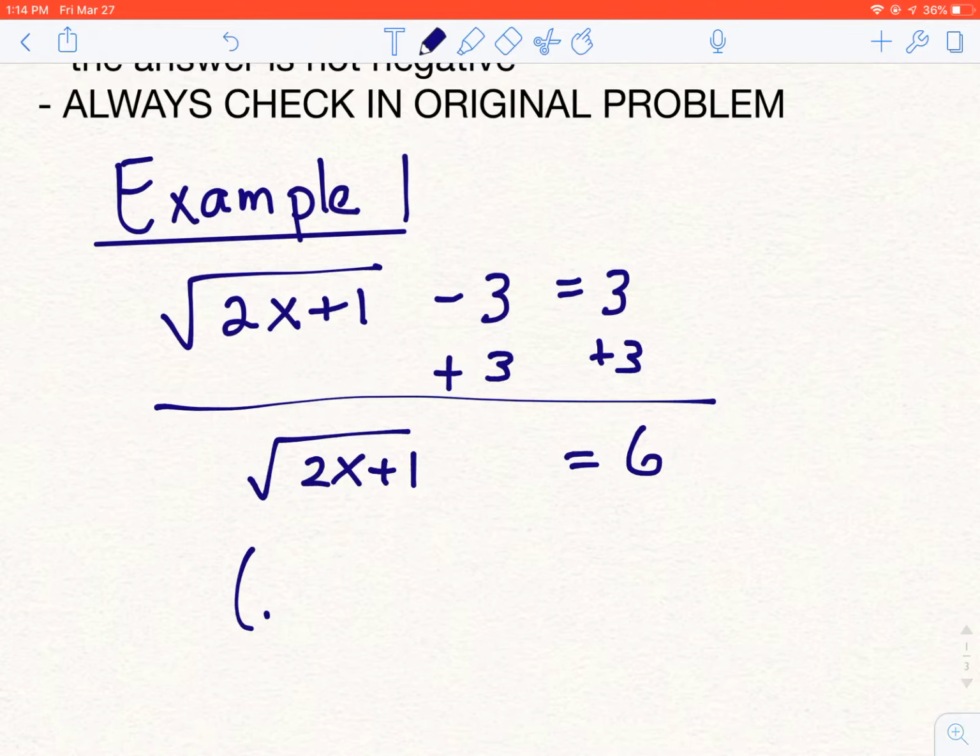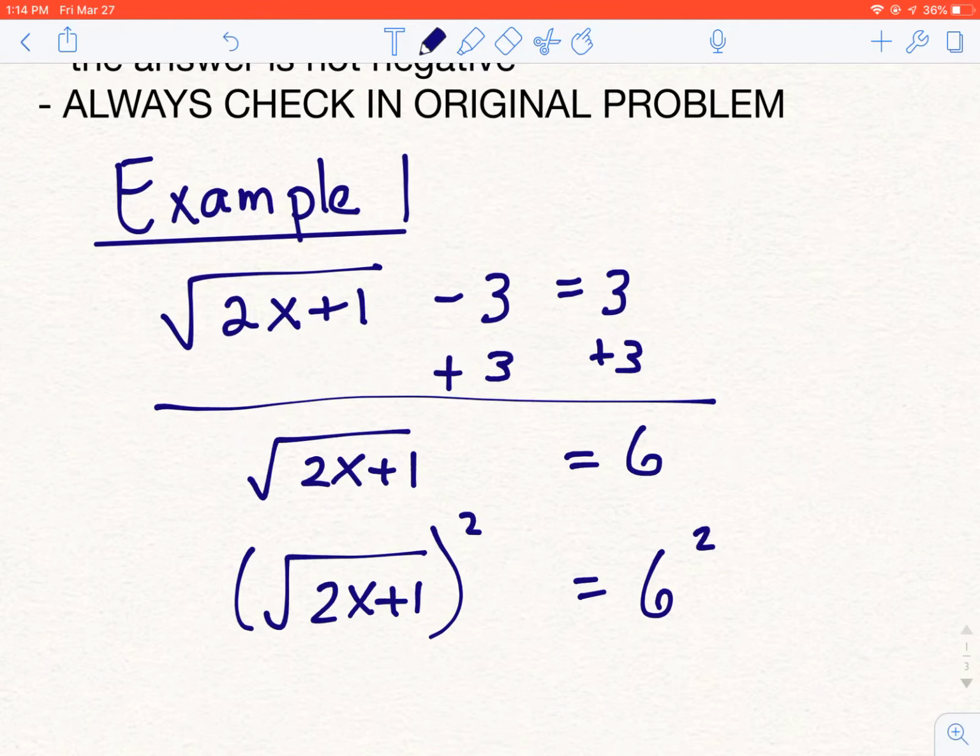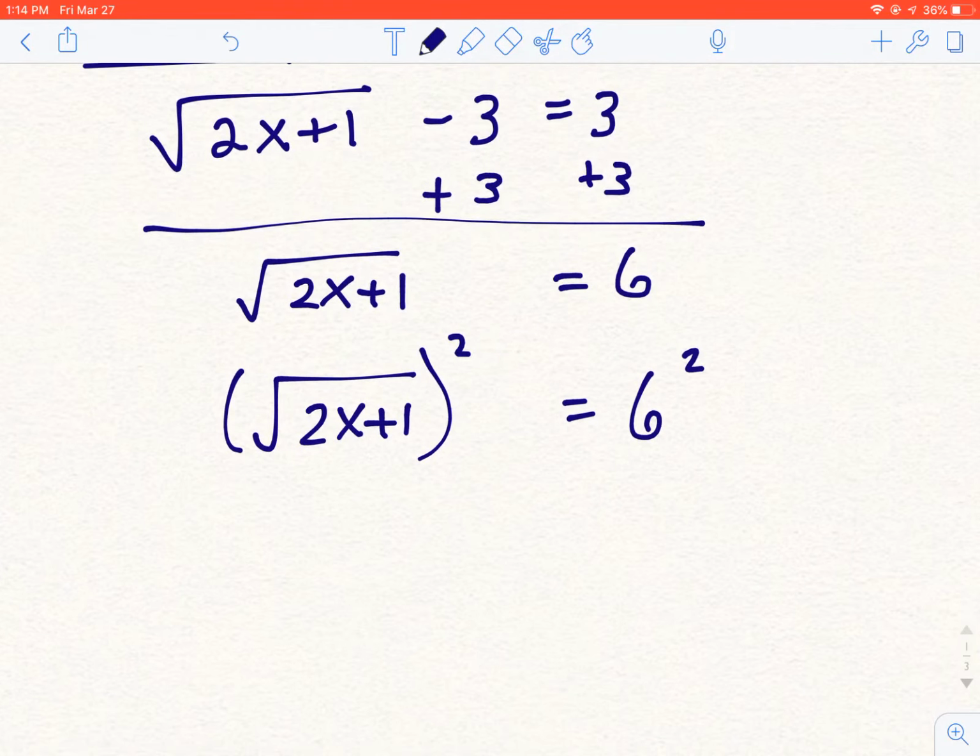The square root of 2x plus 1 and 6 squared. I square it because a square root squared is just the radicand, just 2x plus 1. That's why we square it, because they are inverse operations, so it undoes each other. And then 6 squared is 36.